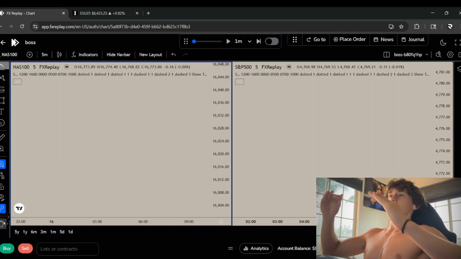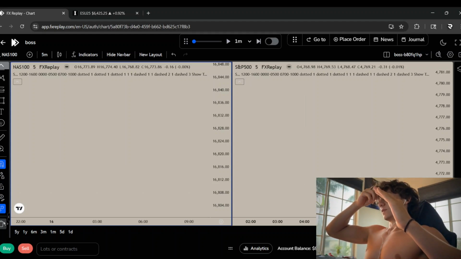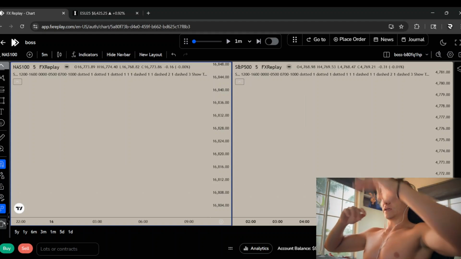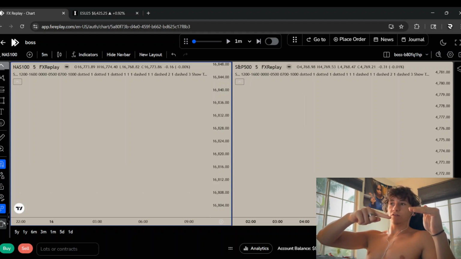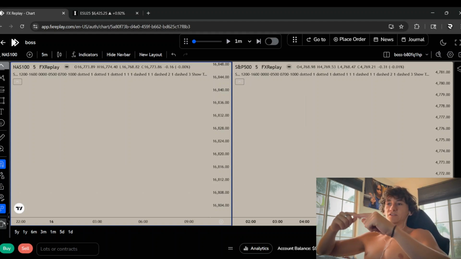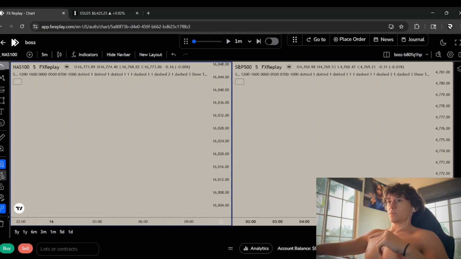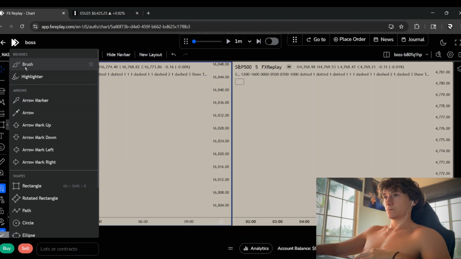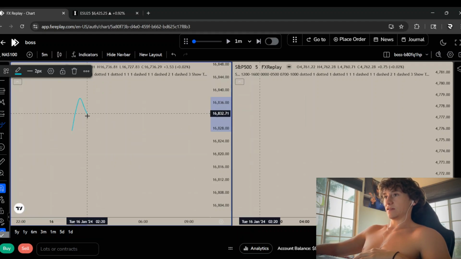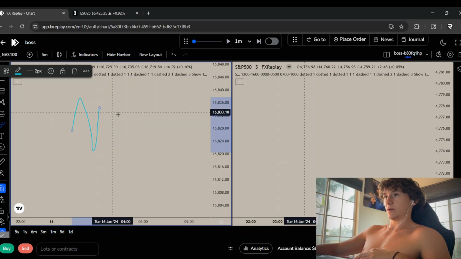Vice versa, where if ES did that, or if it's up, like here's NASDAQ high, and then it's coming down, and here's the gap, right? It fills it, but ES's gap is here. I could freaking draw it. So let's say NASDAQ goes like that, fills the gap right here, right?